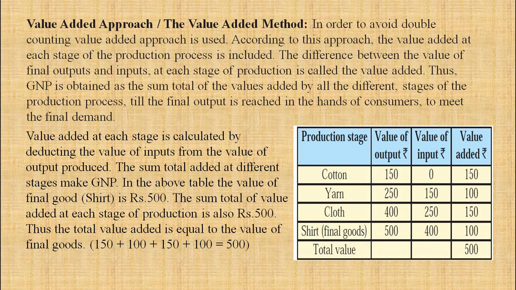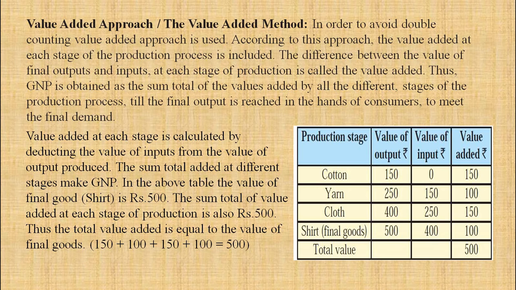So, GNP, that is gross national product, is obtained as the sum total of values added by all the different stages of the production process till the final output is reached in the hands of the consumers to meet the final demand.